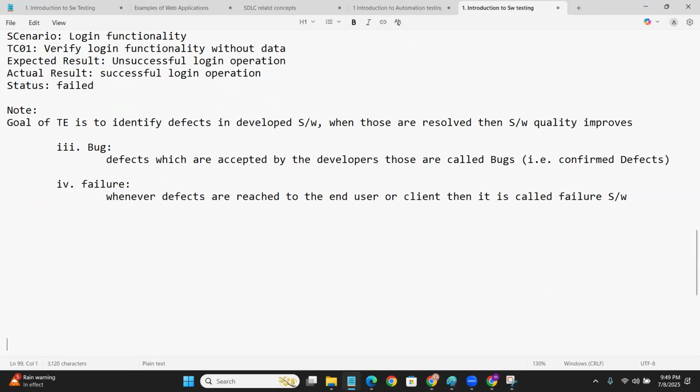The failure is not related to one component or one functionality in the application. It is an overall software-related thing. That means a larger number of defects will cause the system failure.